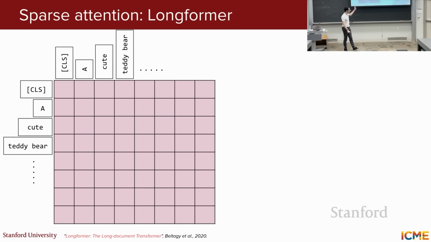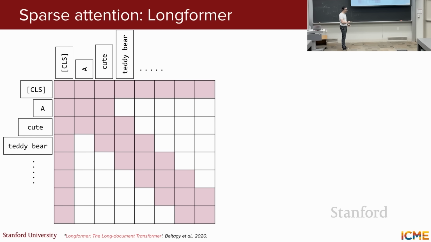When you look at a matrix that shows all the interactions, n, the sequence length, by the sequence length, you have O of n squared complexity, which is a lot, especially as n gets longer.